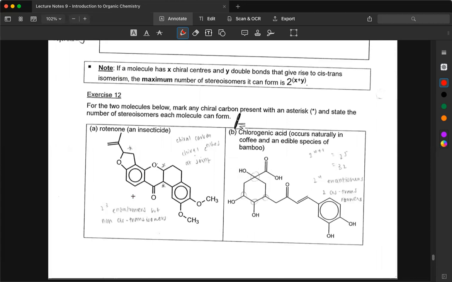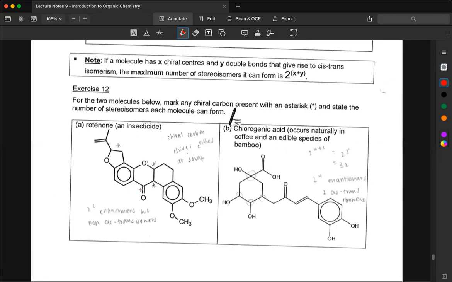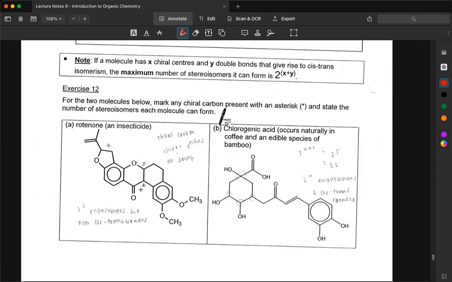Three plus 1 is 4, but not all of them give cis-trans isomers. For the next one, one, two, three, four, five, so 32.